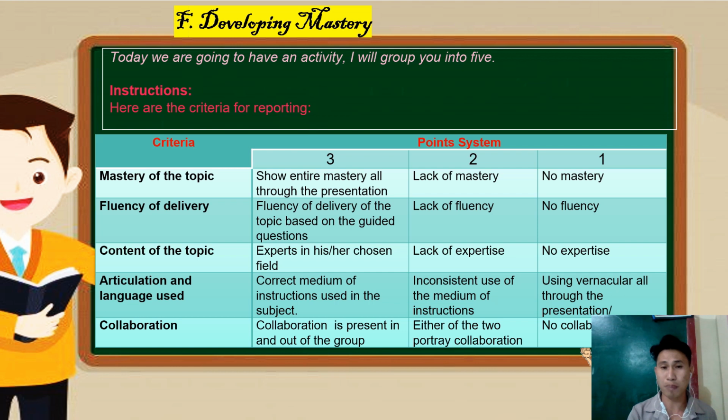For example, in articulation and language use: 3, correct medium of instruction used in the subject; 2, inconsistent use of the medium of instruction; and 1, using vernacular all throughout the presentation. Since the subject is mathematics in Grade 5, the medium of instruction is English.